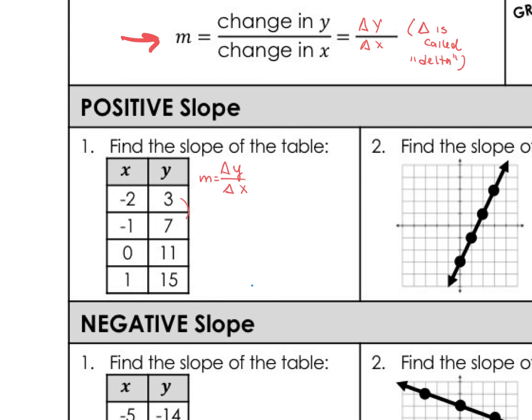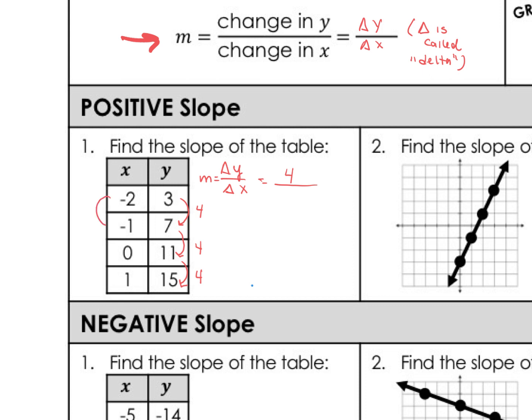You want to go from 3 to 7. The change in that is 4. From 7 to 11, the change is 4. From 11 to 15, the change is 4. So your change in y's is going to be 4.